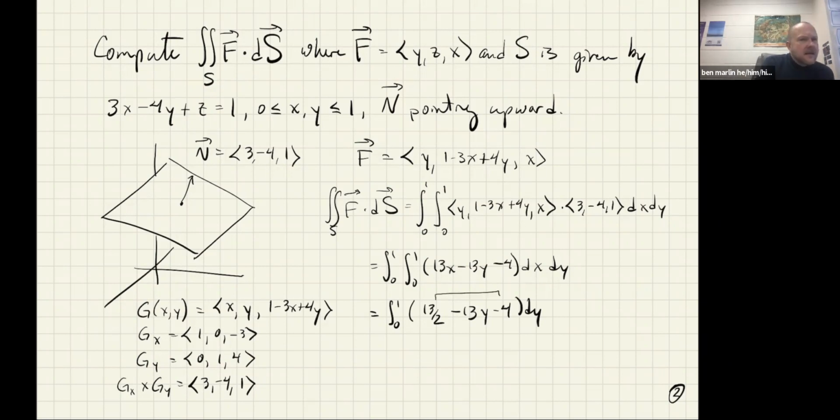We can put this piece here together. Let's see, 13 halves minus 4 is going to be 5 halves. So we're really doing integral 0 to 1 of 5 halves minus 13y dy, which will be 5 halves y, evaluate 0 to 1, and minus 13 halves y squared, evaluate 0 to 1.